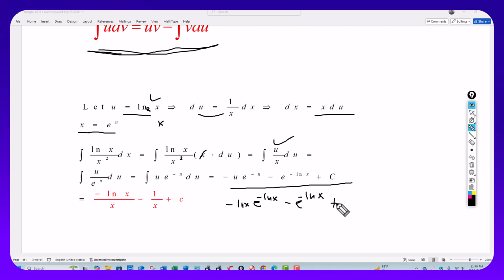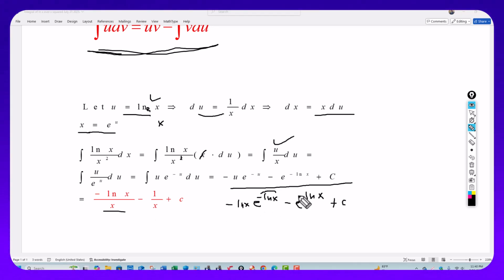Plus c. For this one here, I take this negative and bring it there. That's x to the minus 1, because this is e and this is e. That just gives me x to the negative 1, which is 1 over x. That's how I got this one over here. And the same thing for this one.